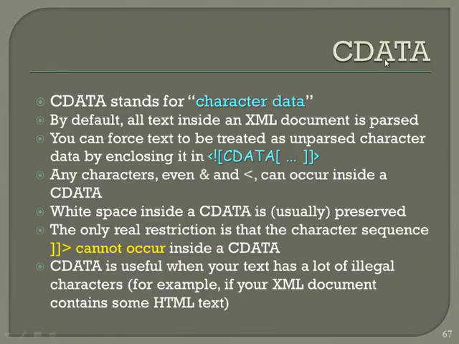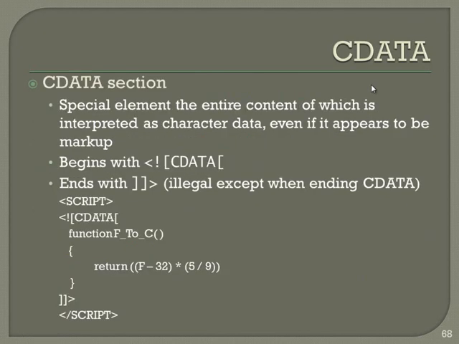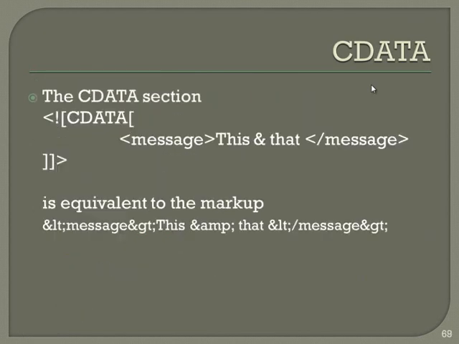Okay, so you got what CDATA is. I gave you the example, I don't want to waste time on that. This is how it goes. Suppose you want to send this message to the application, the easiest way is to put it inside the CDATA.